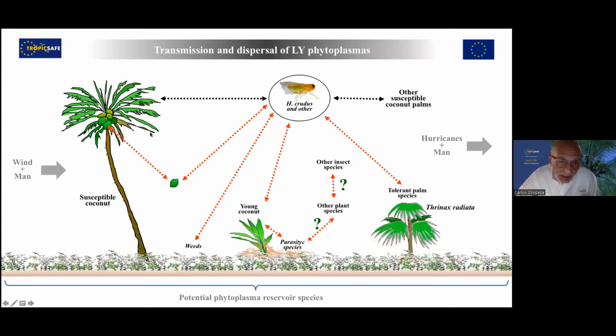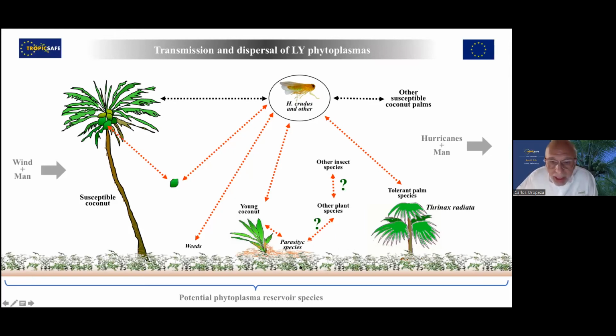But they can, I mean, coconut plants, but they can also be transmitted to other plants which are different species, for instance, Thrinax radiata, which is a plant that usually shows symptoms, but not in all the infected plants. And some of them have remission, and the population is only affected very little. So over decades, the populations are still there, but there is a positive detection all of the time. So they are reservoirs of phytoplasmas.